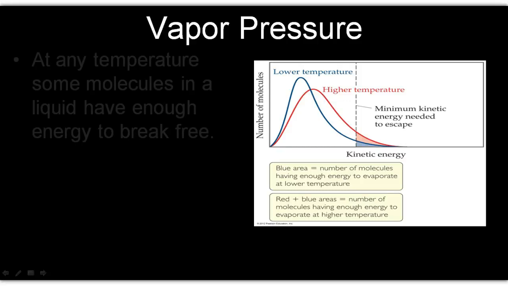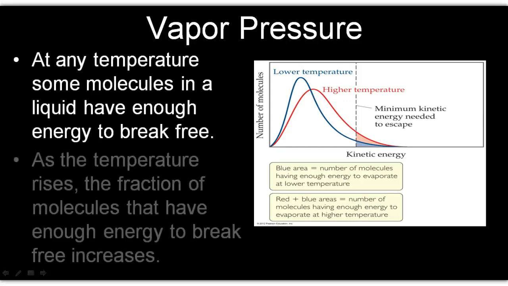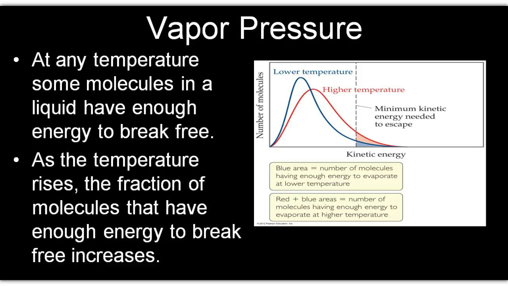This is the third lecture for Chapter 11, and we're going to start off with vapor pressure. We can see on this graph that as we add energy to a system, it seems that the number of molecules is kind of going down, but actually if you look at this line here, more of the particles are having enough energy to escape.